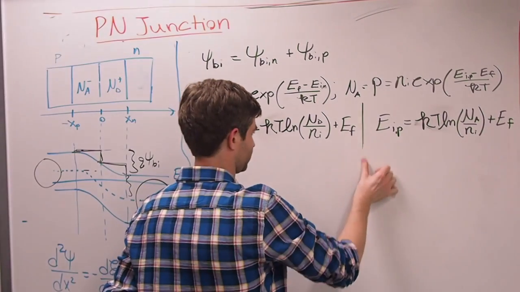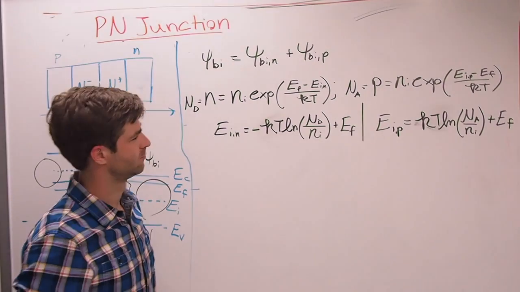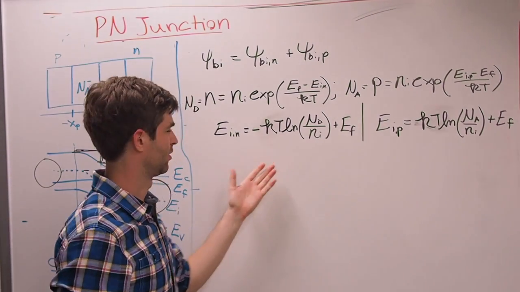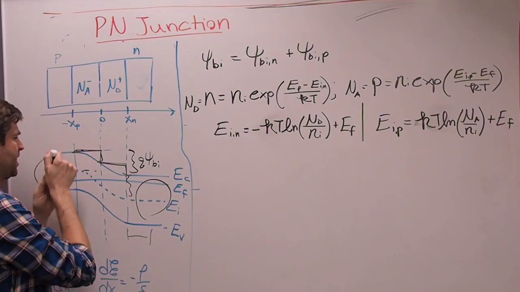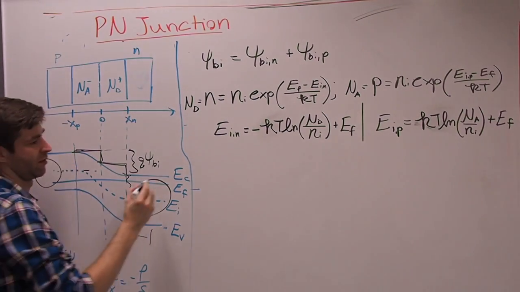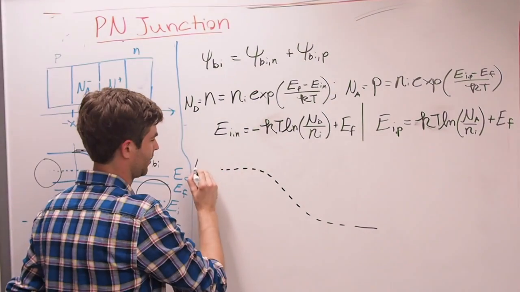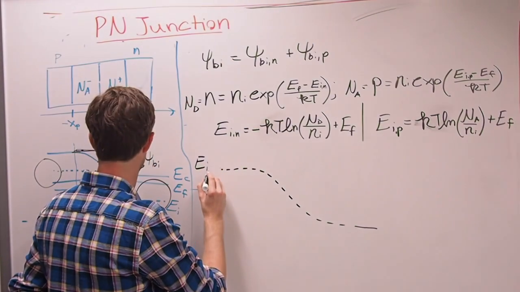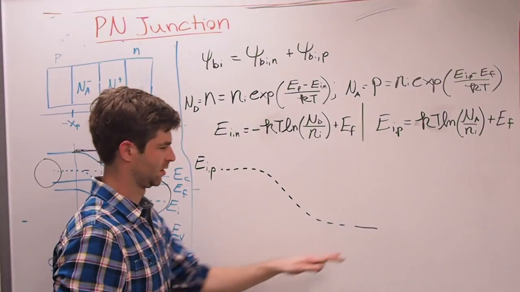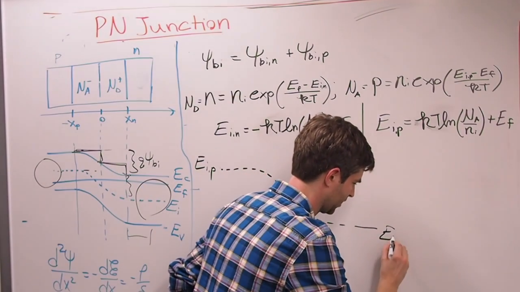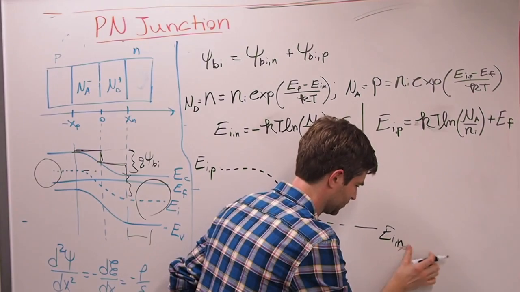So, to find this total energy, you want to know EI. This is EI, right? This is EIP, right? This is EIN, right?